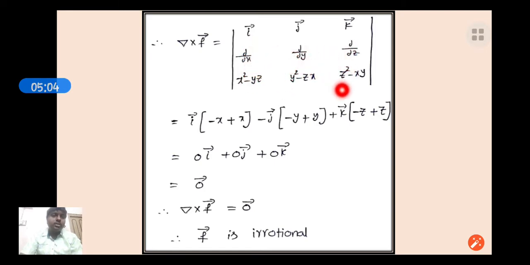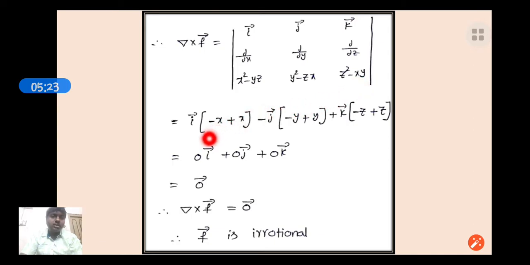Dou by dou y of z square minus xy: with respect to y, z constant, the derivative of z square is 0, minus the derivative of y, which is 1, with x constant. Finally I am getting minus x.